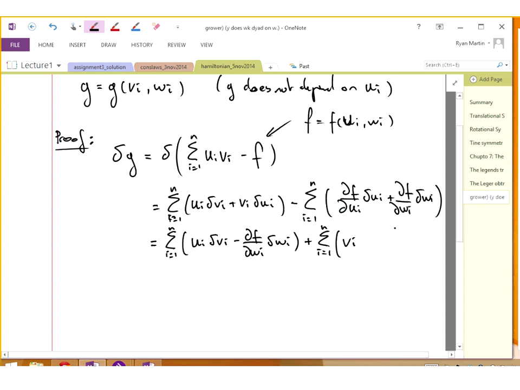So I have vi from the first term, and then I have minus ∂f/∂ui from the second term. Apologize for my u's looking an awful lot like w's.